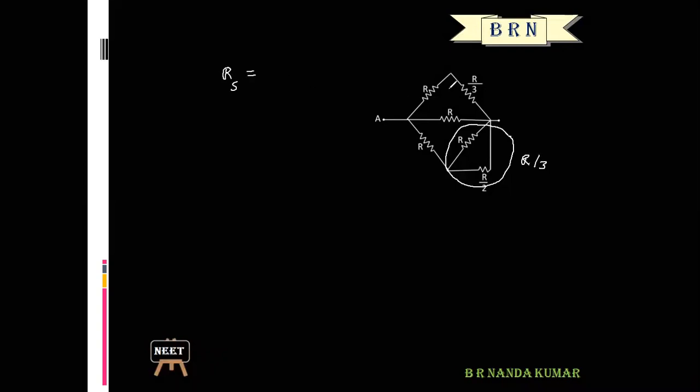So here the effective resistance of this series combination, that is Rs, is equal to R plus R divided by 3, right? So what is the LCM here? LCM is 3.